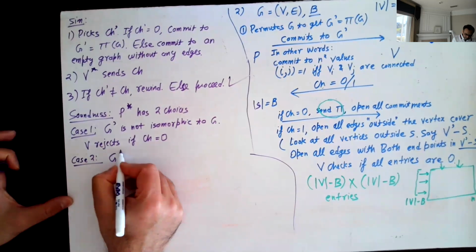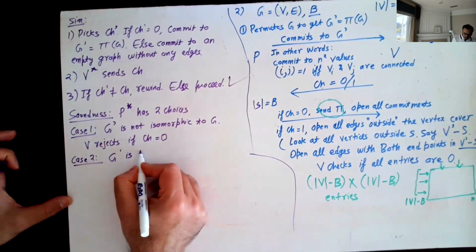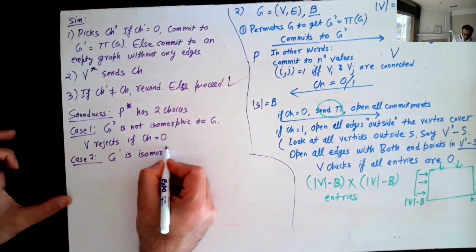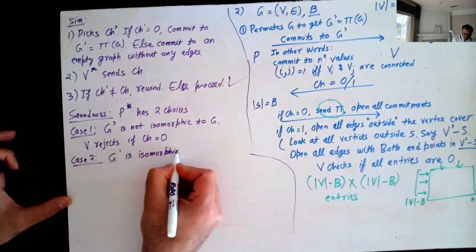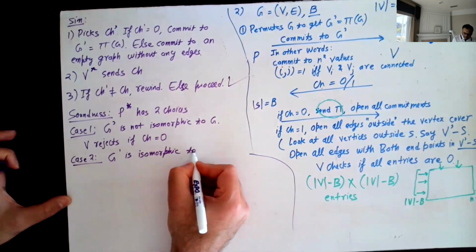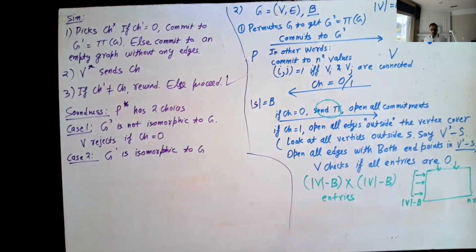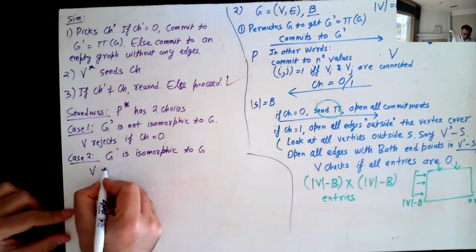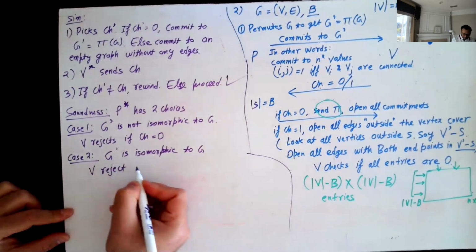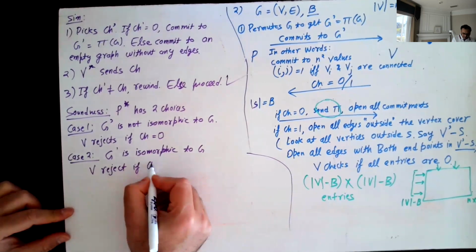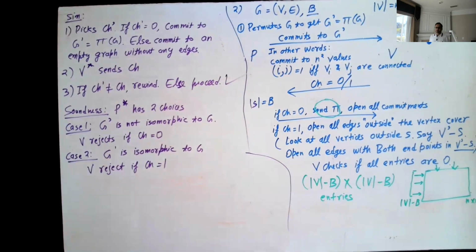Case 2, G prime is actually isomorphic to G, which means that the first message was honest. And in that case, the verifier will reject if the challenge is 1, because if the challenge is 1, you actually need to show a vertex cover.